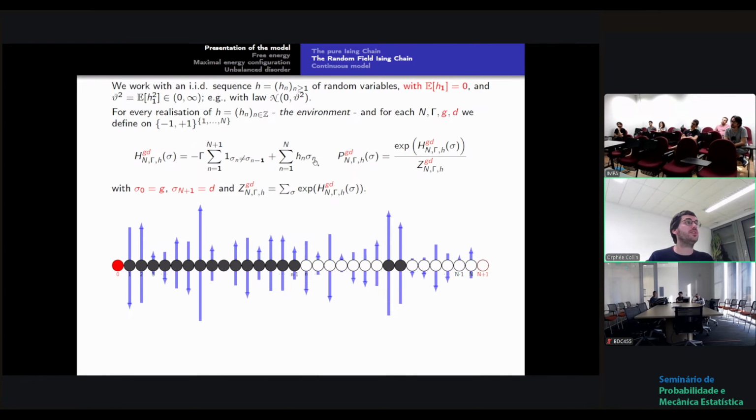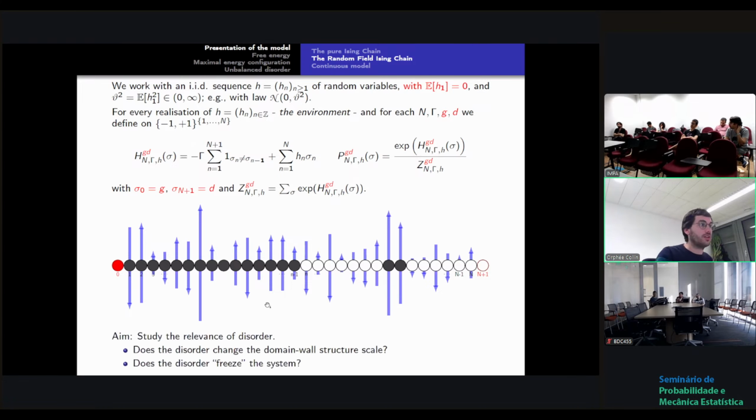However, each spin is also encouraged to agree with the local field. So there are clearly two behaviors which are going to counteract. Here, these two have decided to take value +1, and we see that this corresponds to high values of H. In this region, it's not so clear. The whole region is plus, but there are some arrows going up, some others going down. But overall, it seems that indeed the external field is rather positive.